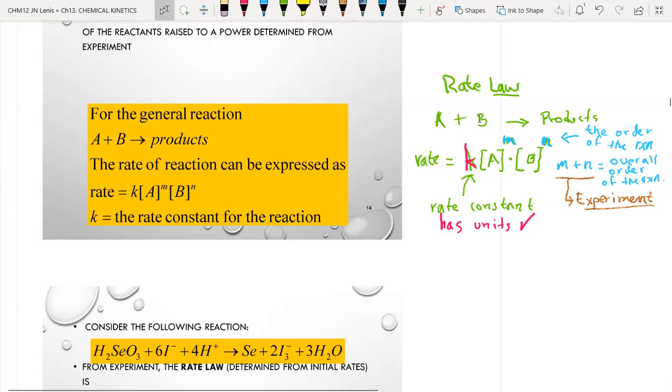Look, no stoichiometric coefficients. Let me write them just to make emphasis on that. The stoichiometric coefficient for A to balance it is lowercase a. The stoichiometric coefficient for B is lowercase b.